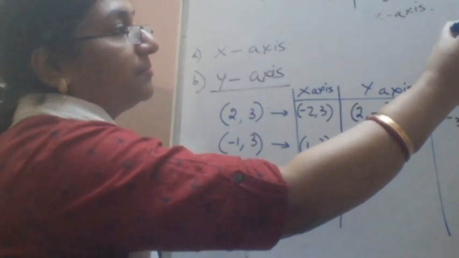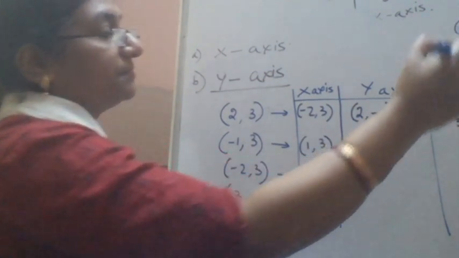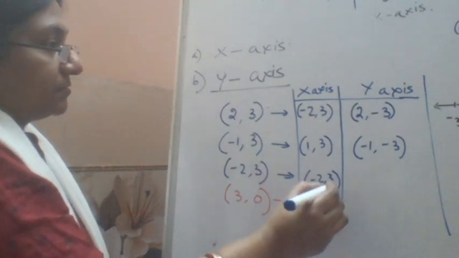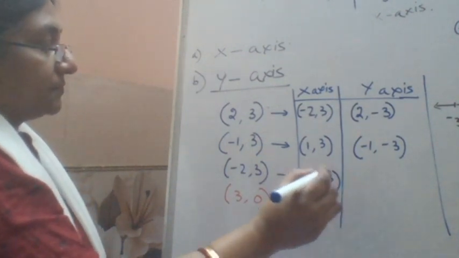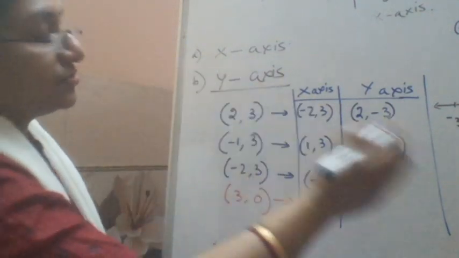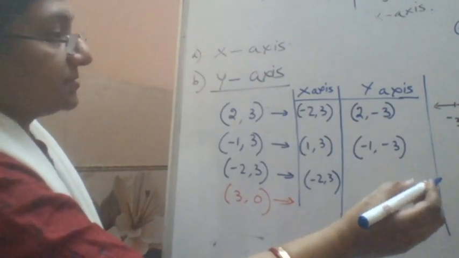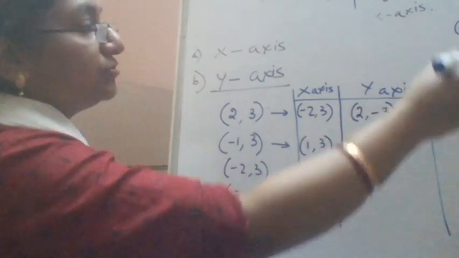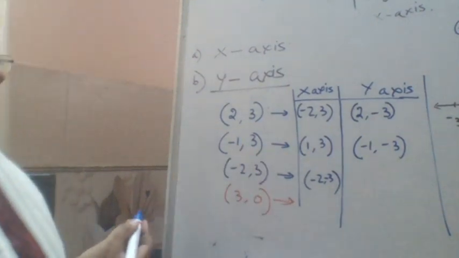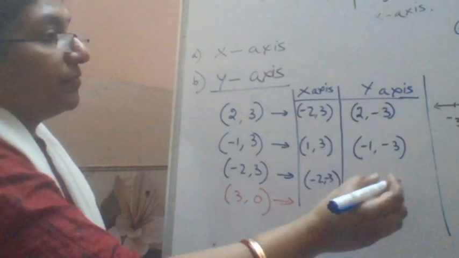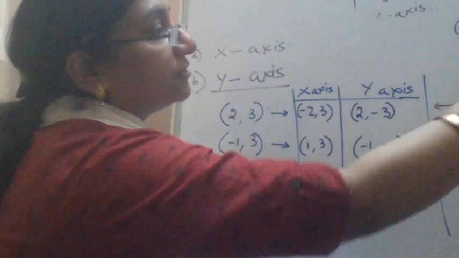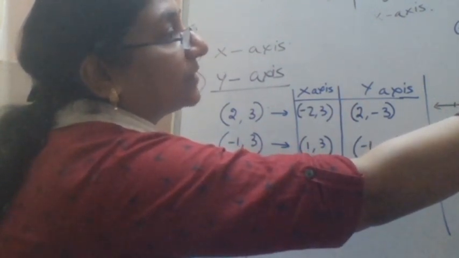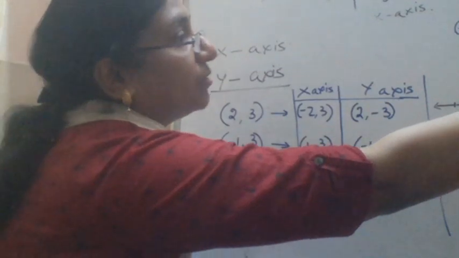This is going to be minus 2, 3. And your reflection will be minus 2, minus 3. If we take the reflection on the y-axis, this point will be 2, 3.